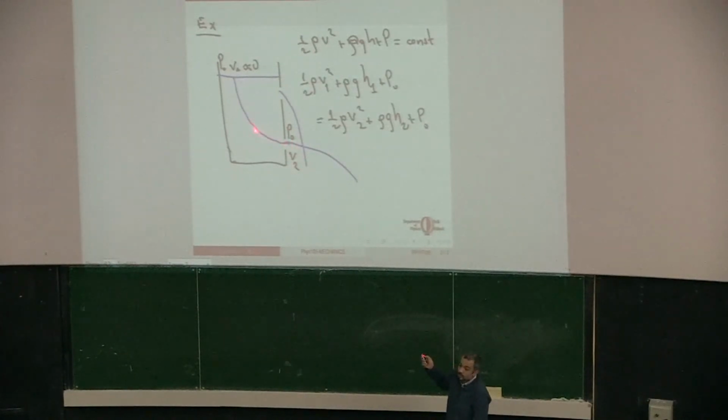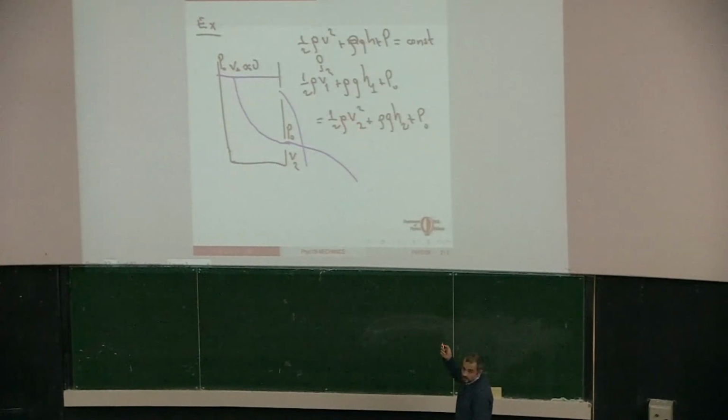This is the same quantity evaluated at this other point of the streamline. Bernoulli tells us that this combination is constant through a given streamline. So here the pressure is P0, the height is H1, and V1 is almost 0. Here we have the speed V2, height H2, and the pressure P0.